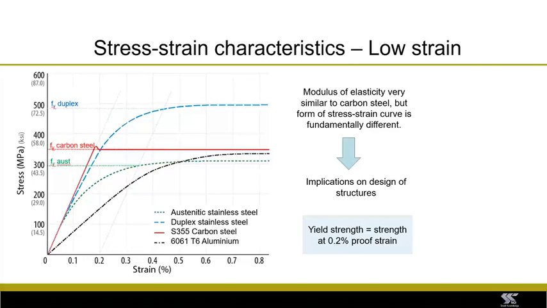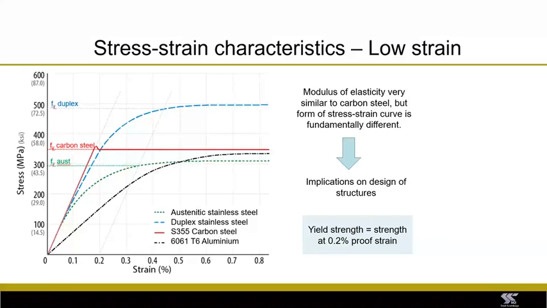In green, I'm showing austenitic stainless steel, and in blue, duplex stainless steel. So you can see rather different stress strain characteristics. They exhibit strain hardening, which is when the strength increases with the plastic deformation. And it's gradual yielding, isn't it? A gradual loss in stiffness.